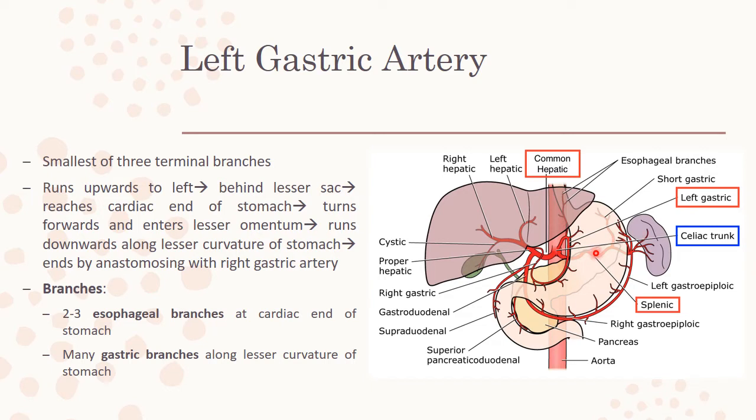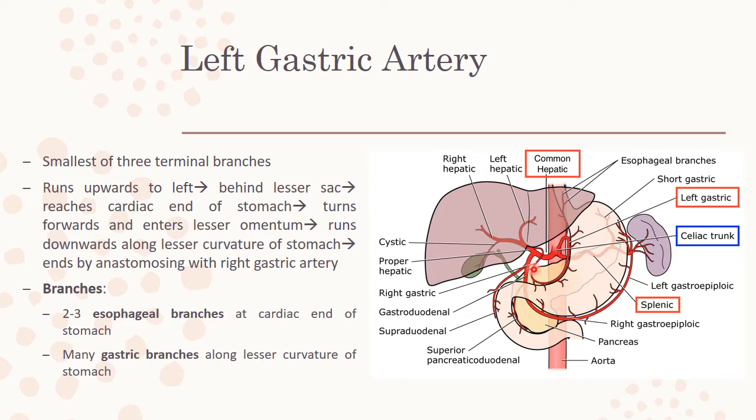So the left gastric artery runs upwards to the left behind the lesser sac, and it reaches the cardiac end of the stomach where it turns forwards and enters into the lesser omentum, and then it runs downwards along the lesser curvature of the stomach, and it will end by anastomosing with this artery over here, which is the right gastric artery.